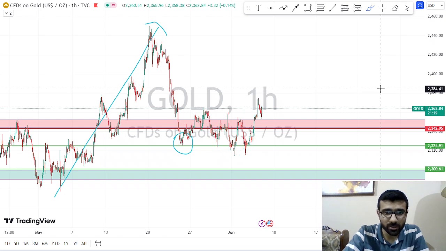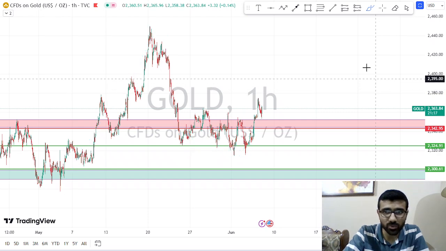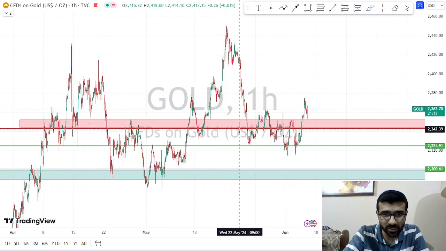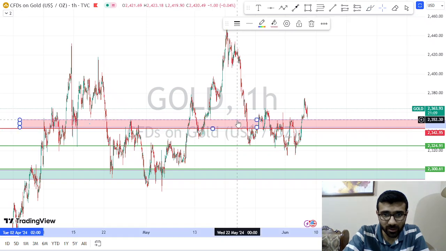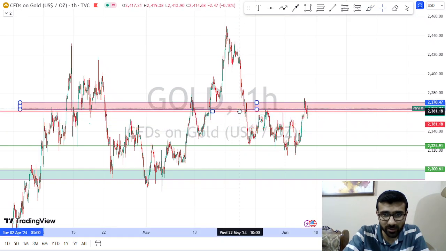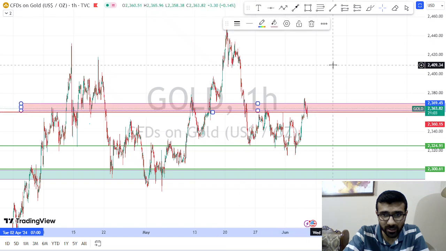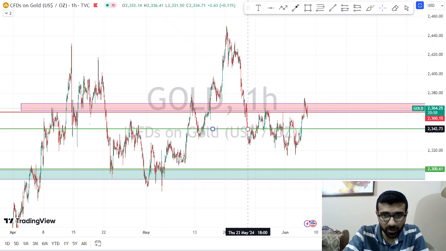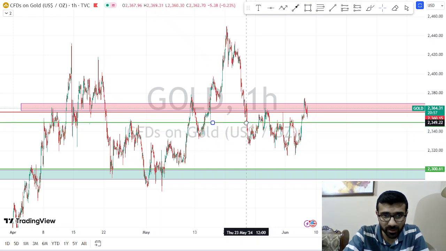Okay, so now let us move our areas of support and resistance so you guys can easily take trades in this pair tomorrow as well. So the area of resistance will now be approximately this area, and the short term area of support will now shift to this area.